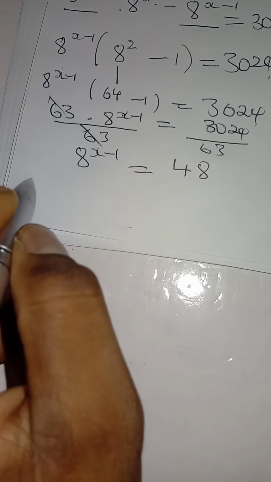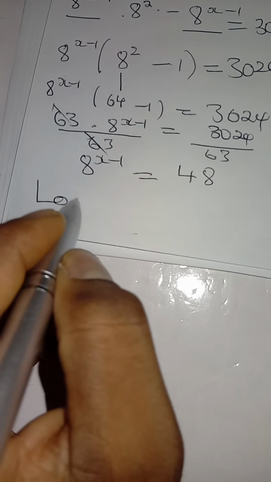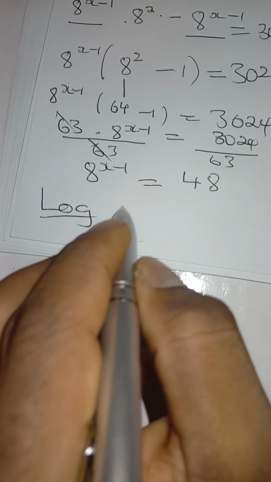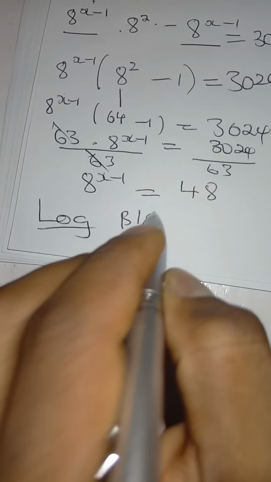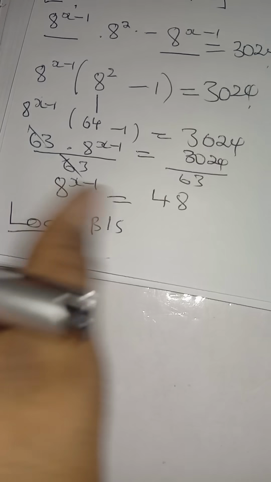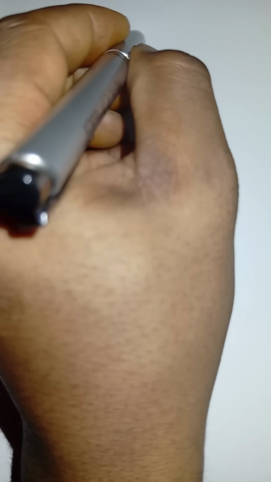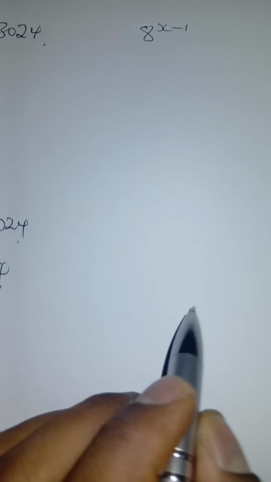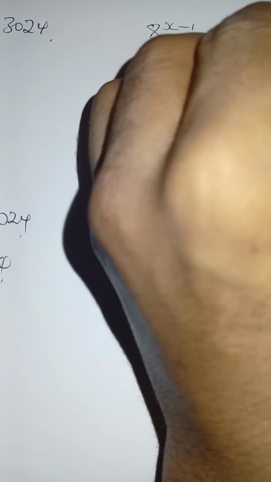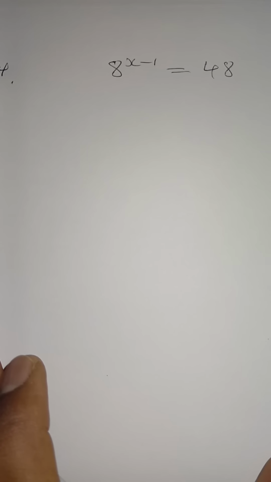Now we introduce log on both sides. Where is our both side? First side says 8^(x-1) is equal to 48. This is our first side and both sides.